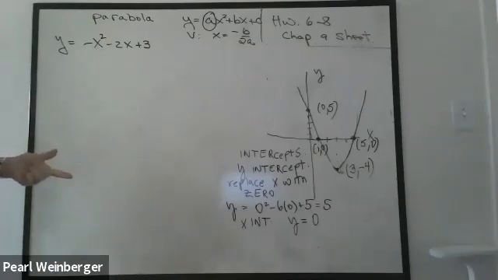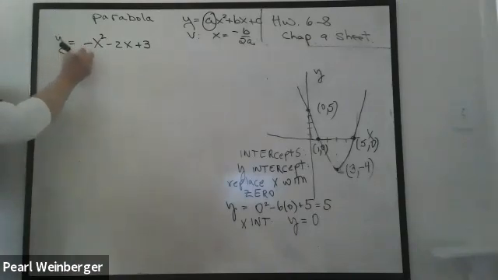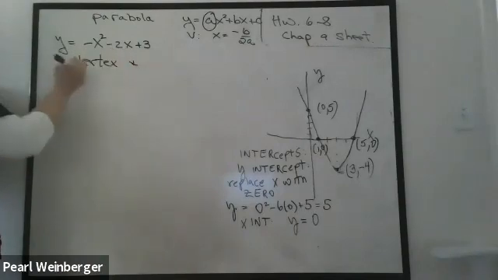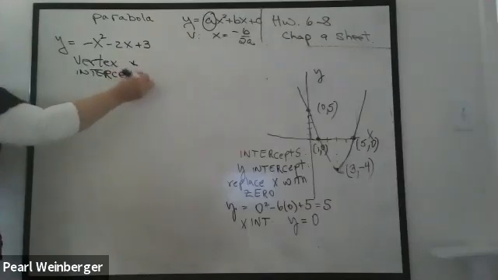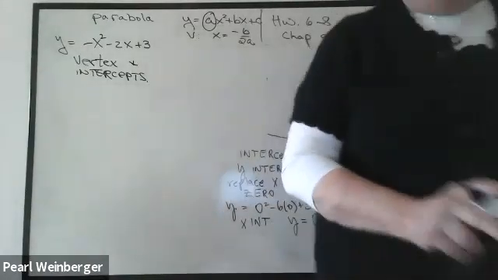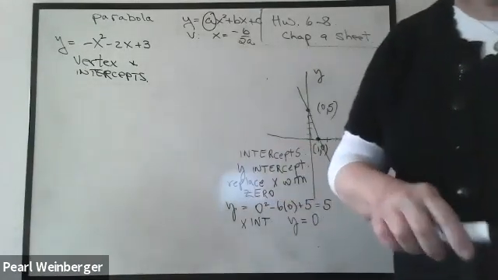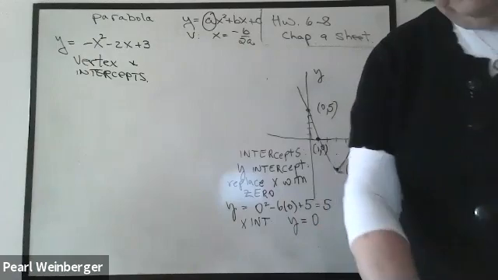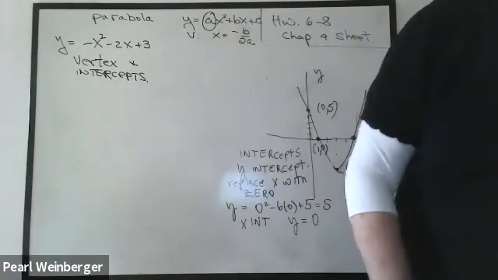See if you could also find the intercepts. And after you've done it, I'm going to give you the choices of what it looks like. But first, I'd like you to start working on this while I take attendance.